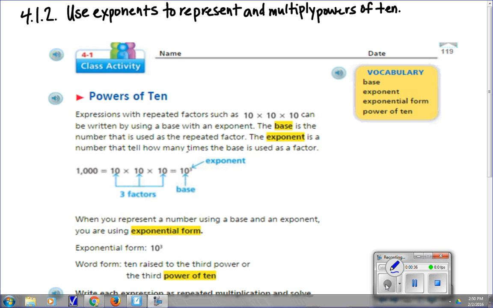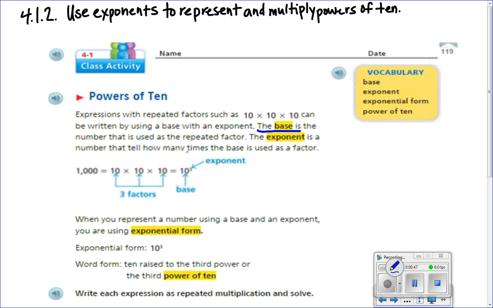Expressions with repeated factors, such as 10 times 10 times 10, can be written by using a base with an exponent. So the base is the number that is used as the repeated factor. In this case, it would be the 10, okay?